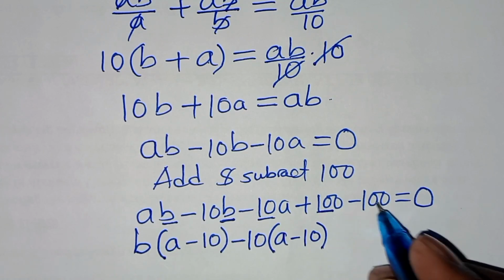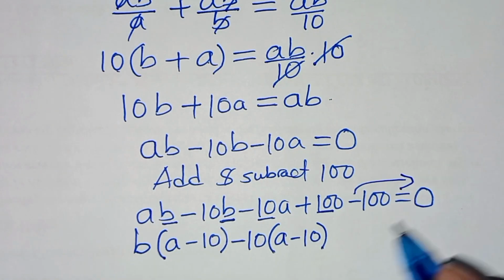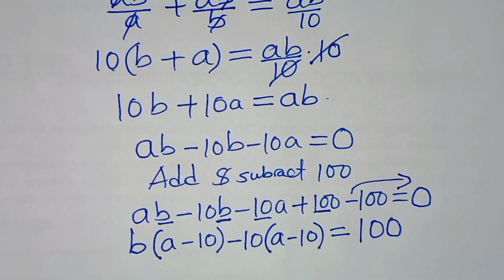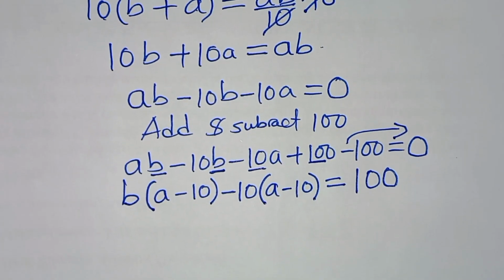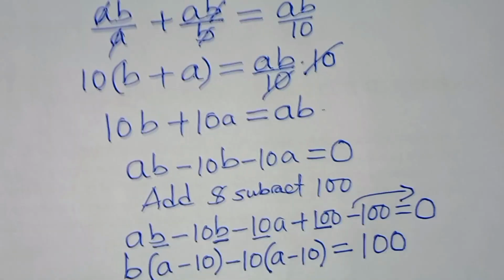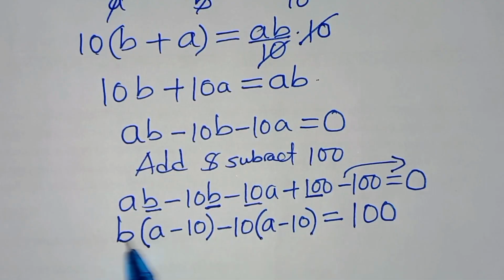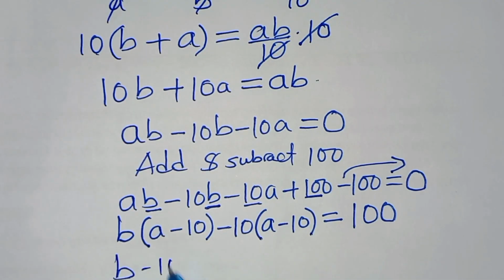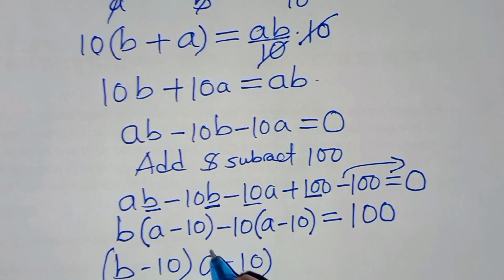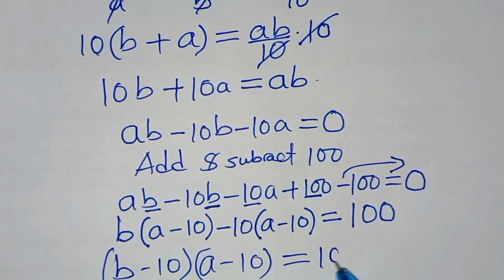Now we have minus 100. We take minus 100 to the right hand side, so this is equal to 100. So now from here, we have b minus 10 and we have a minus 10. So this is equal to 100.